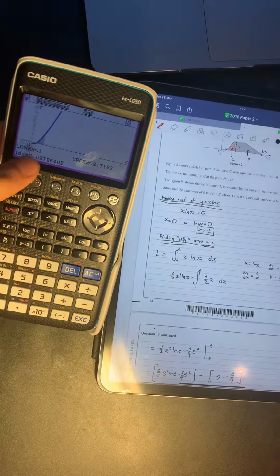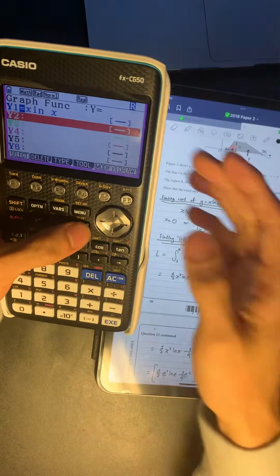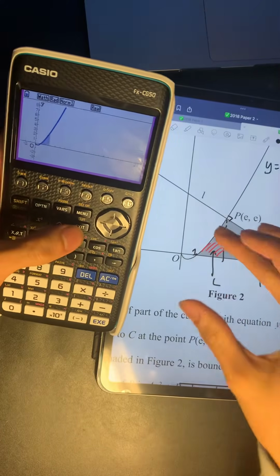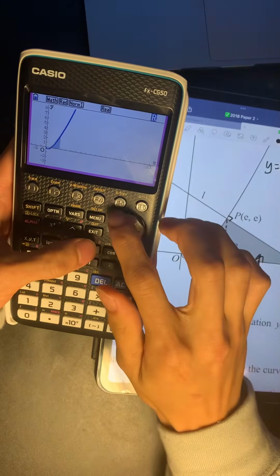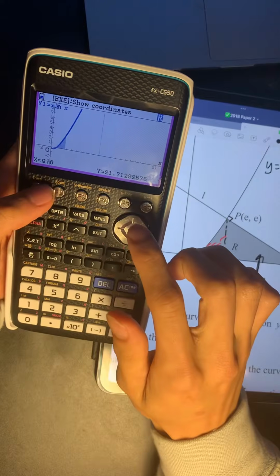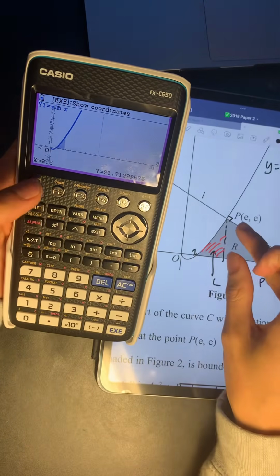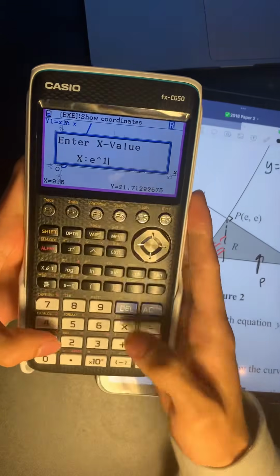So this is sort of how you check the areas. If you want to draw a normal, so again, we need to find the area of this line in this question. We could just go to trace, press trace, and put in the coordinates. So in this case, we have e, the x value.